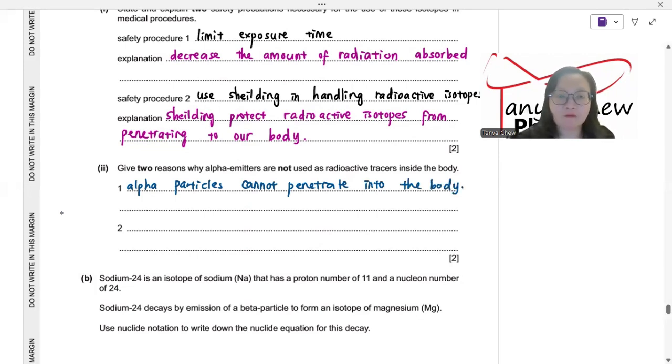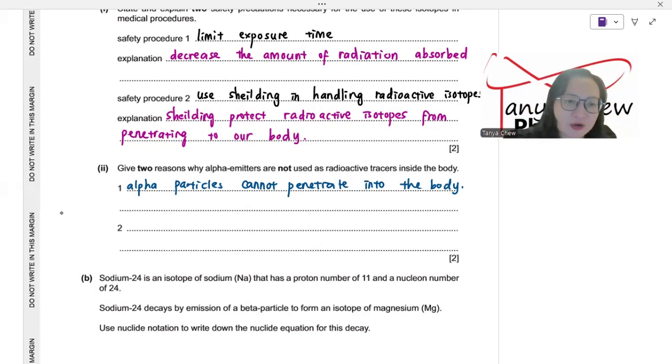Second is that alpha particles have a very strong ionizing power. So it could ionize the air particles. It doesn't serve any purposes, but still we conduct the experiment in air. So it could ionize the air particles, right, to cause danger to our health.